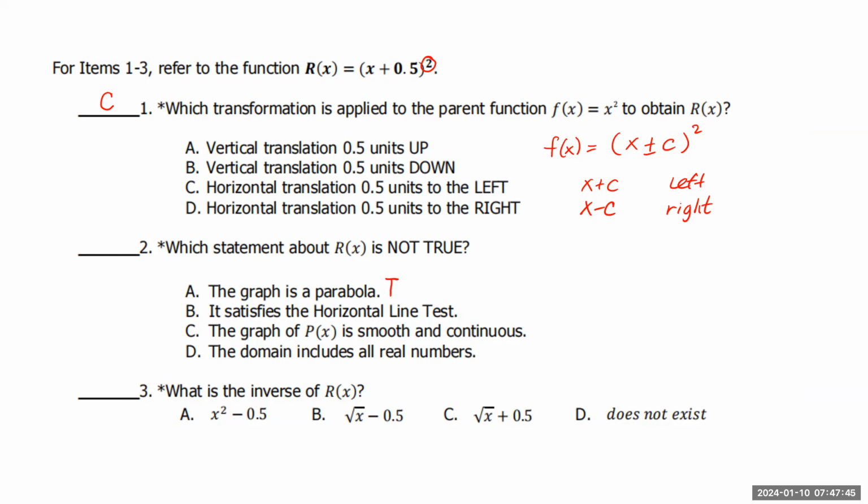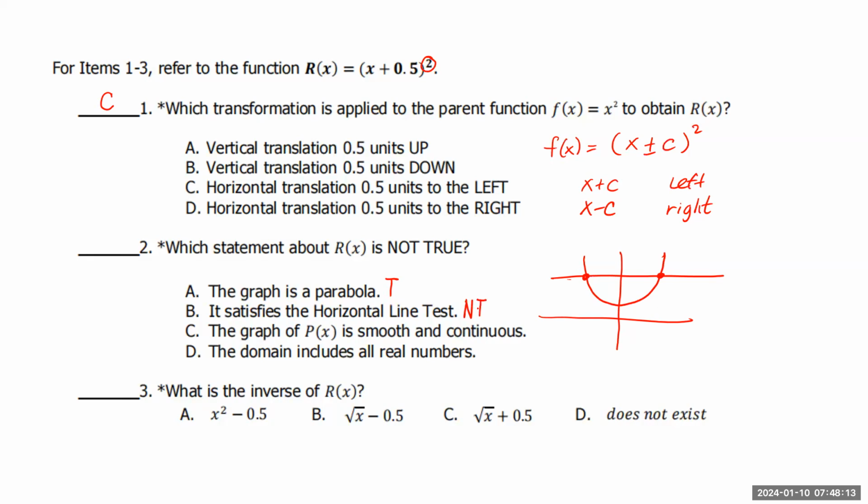Option B, it satisfies the horizontal line test. So if we want to draw a parabola, okay, and if we draw a horizontal line intersecting our parabola, it touches the graph at 2 points, meaning it does not satisfy the horizontal line test. So option B is not true.